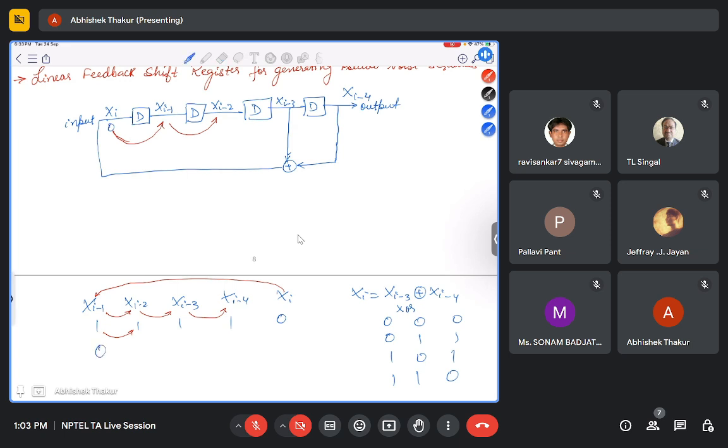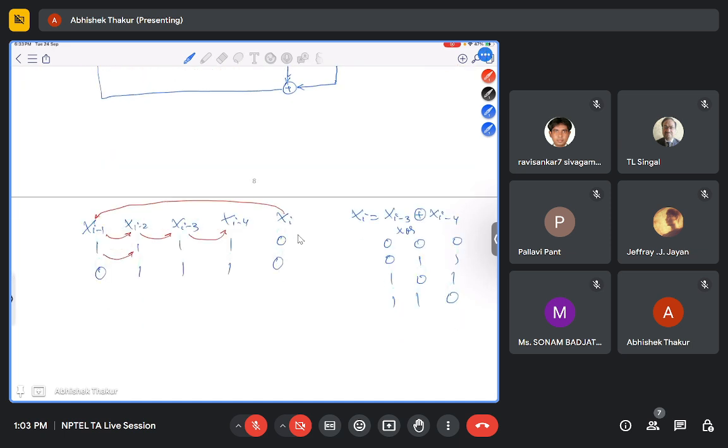So xi minus 1 became 0, this will become 1, this will become 1, again this will become 1, and the XOR of this is again 0. The same we can do like this: 0 0 1 1, again 0. Then 0 0 0 1, and the XOR of 0 and 1 is 1.